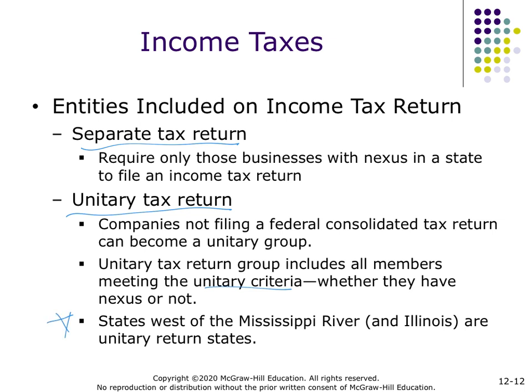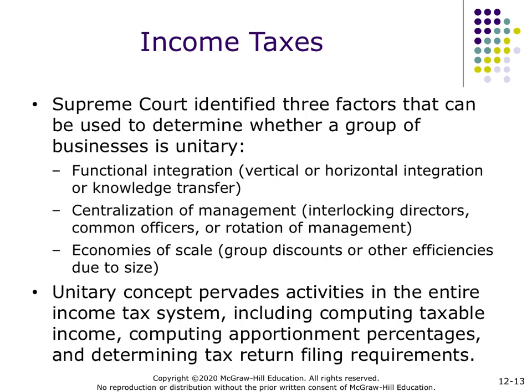States west of the Mississippi and the great state of Illinois are all unitary return states. So that includes Missouri. All right, so how do you determine whether a group of businesses is unitary? Well, the Supreme Court has identified these three factors.